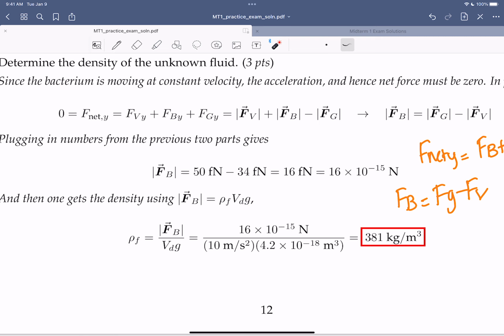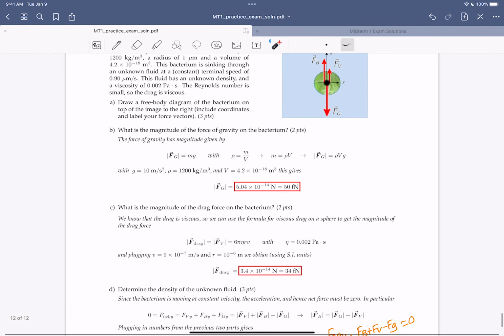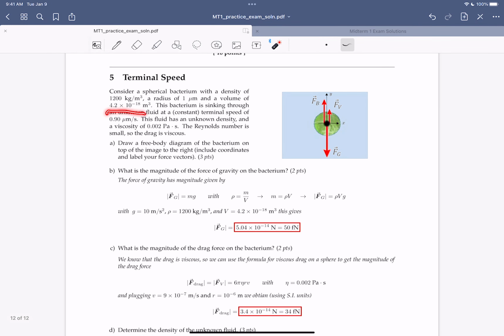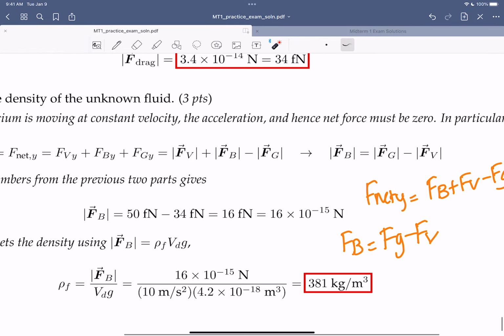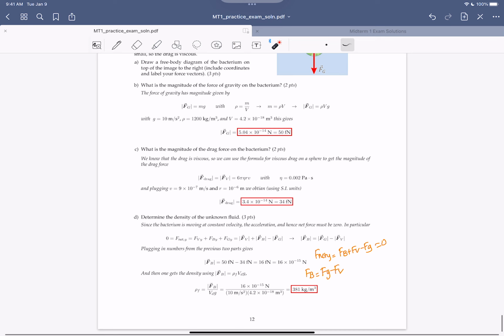Volume displaced was the 4.2 times 10 to the negative 18 meters cubed. And I think, yeah, that was given here in the problem. Yep. And then your gravity, divide by that, 10 meters per second squared, and that should give you your density of the unknown fluid. Does that kind of clear it up there?